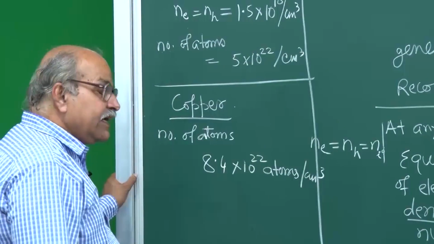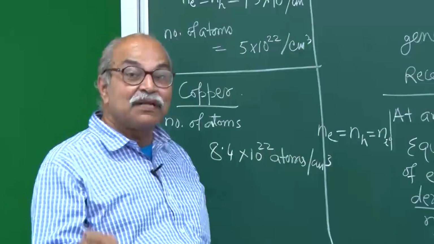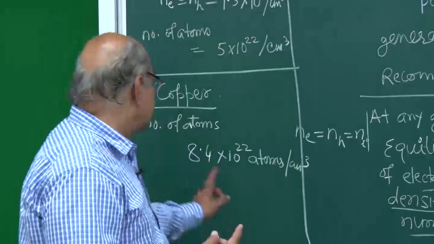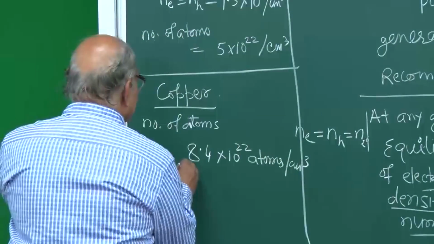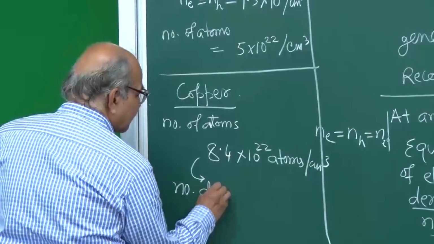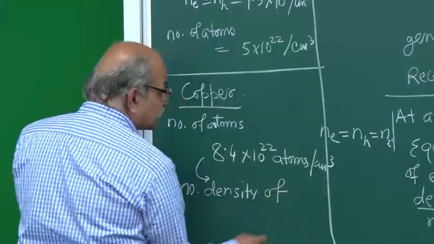And each atom in copper contributes 1 electron to the conduction band, and therefore this is also the number density of conduction electrons.